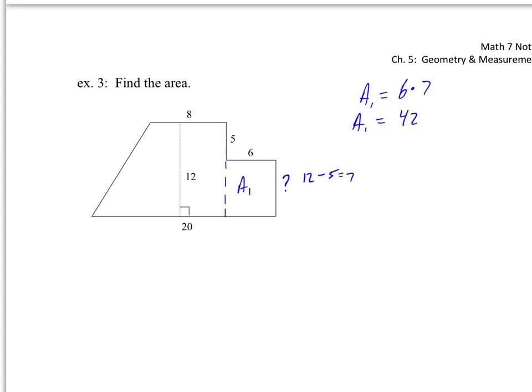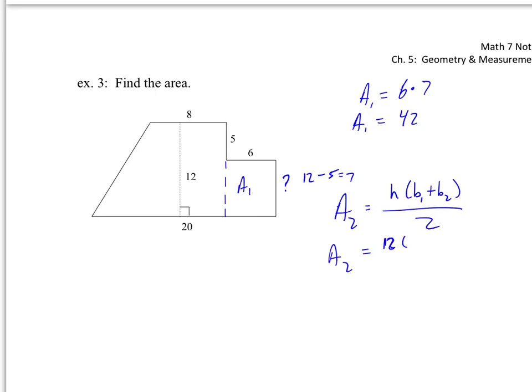This other shape, what other shape do I have there? Trapezoid. So area 2 equals height times B1 plus B2 divided by 2. What's my height? Your height is 12. Okay.